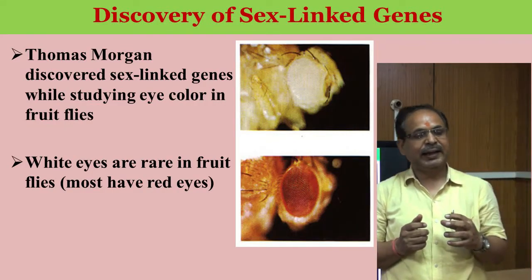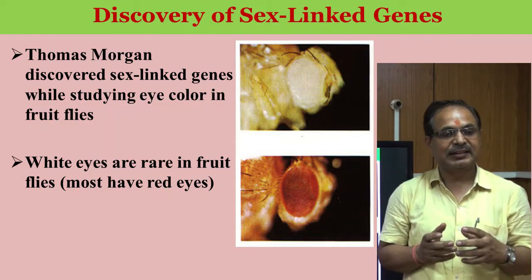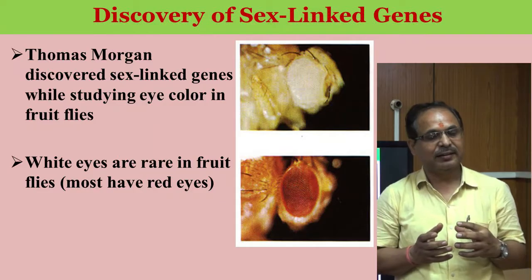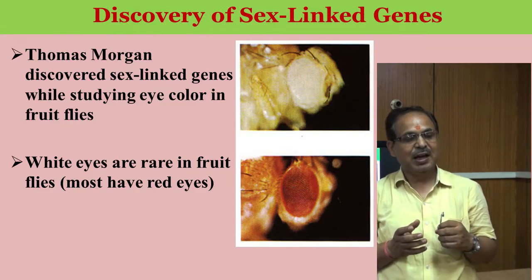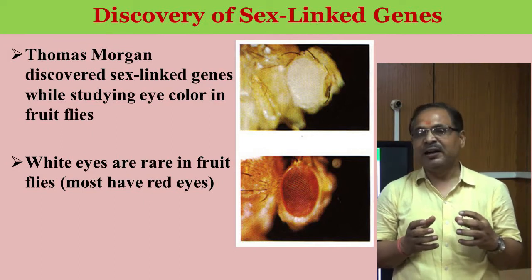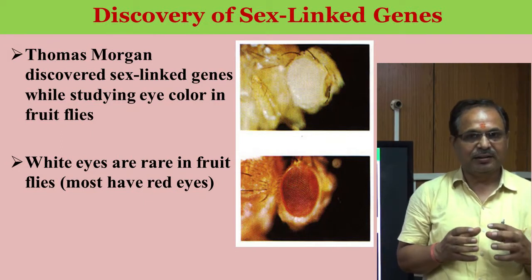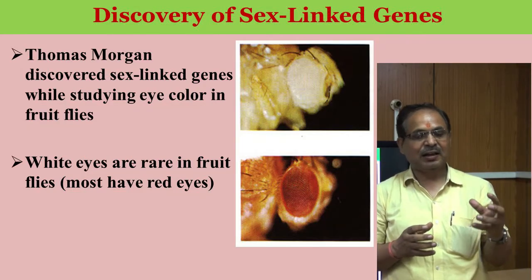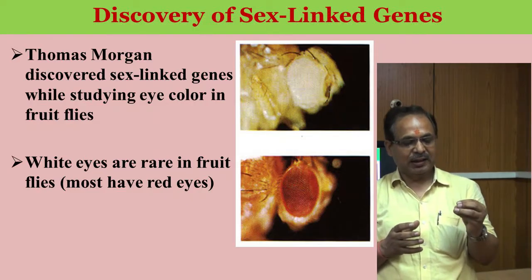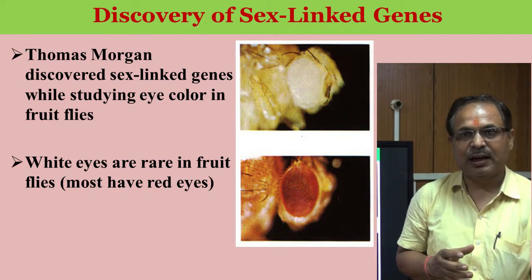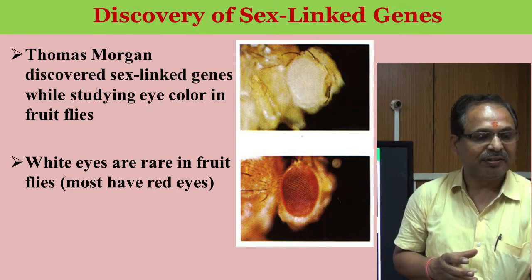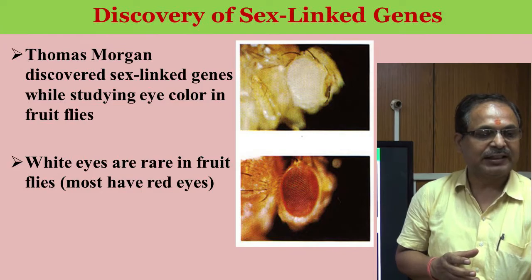Thomas Morgan discovered sex-linked genes while studying eye color in fruit flies, Drosophila. Generally, the wild type Drosophila has dull red eyes, but some white eyes were observed, considered to be the mutant, and it was the first discovery of sex-linked genes.